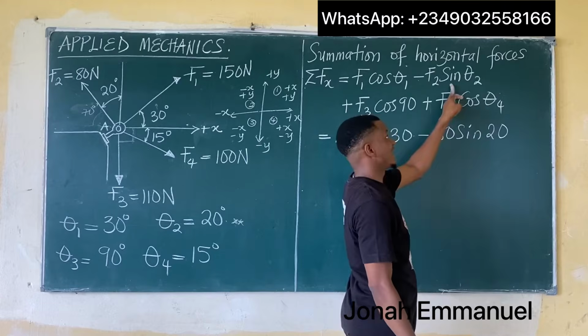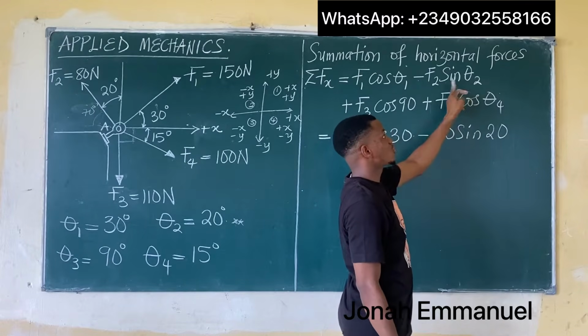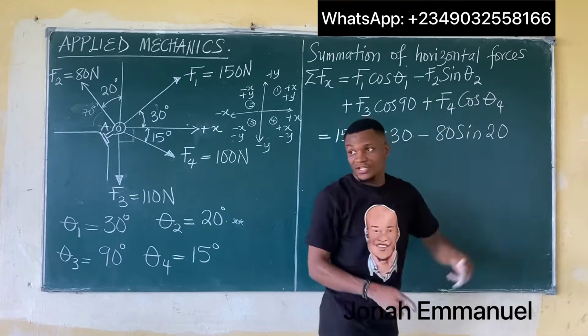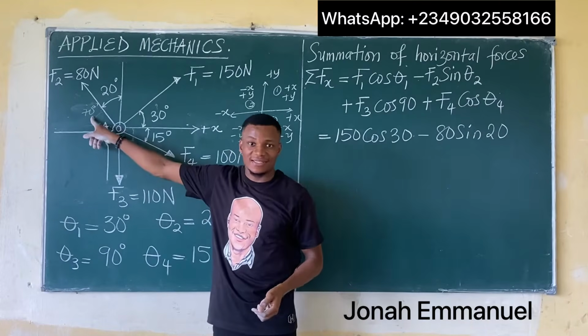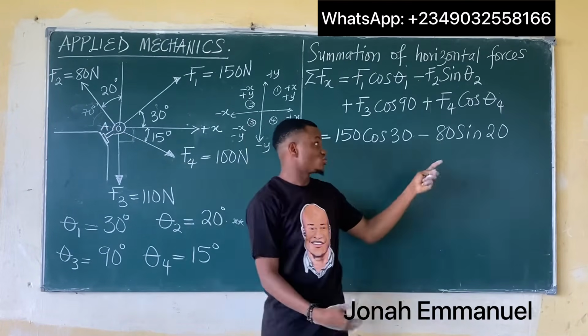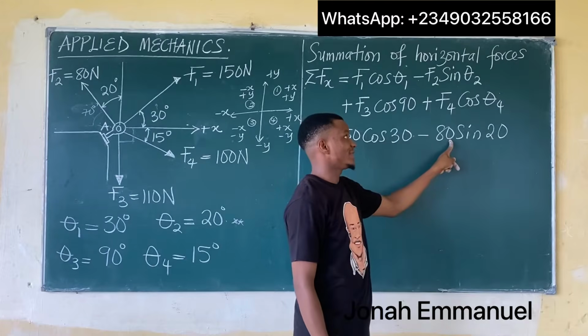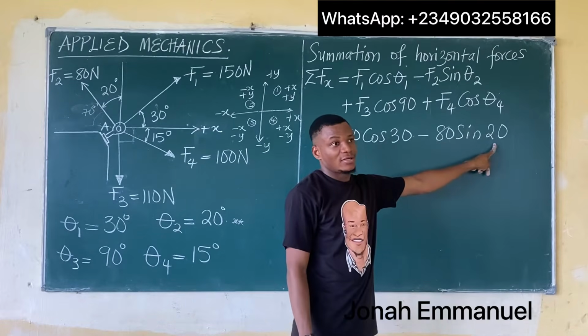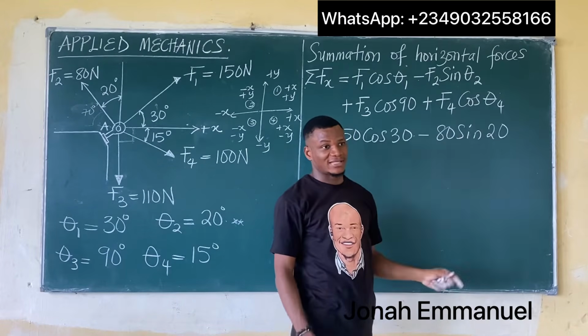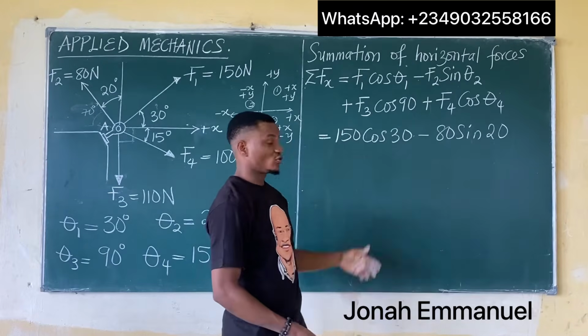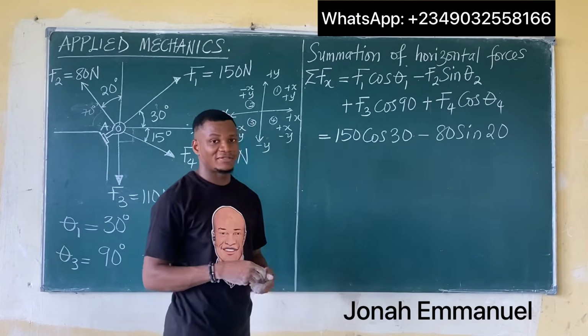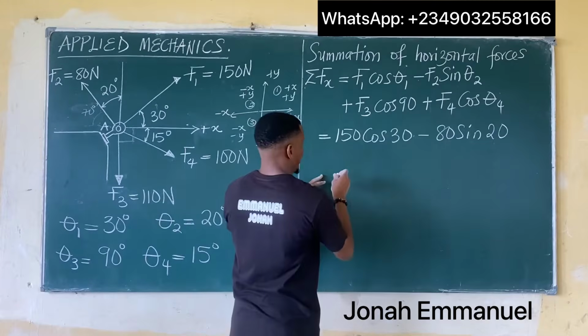So instead of sine theta 2, I can use cos theta 2, but theta 2 in this case becomes 70 instead. So this would be minus 80 cos 70. You will see we have the same answer.